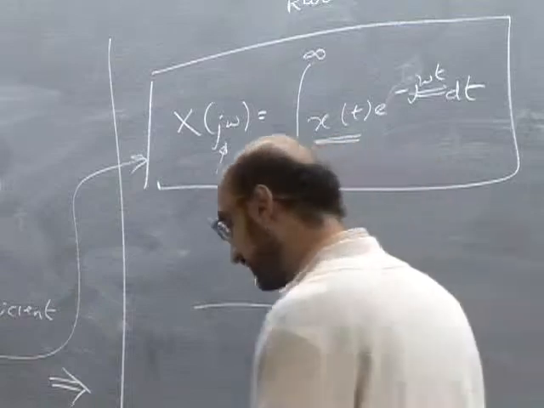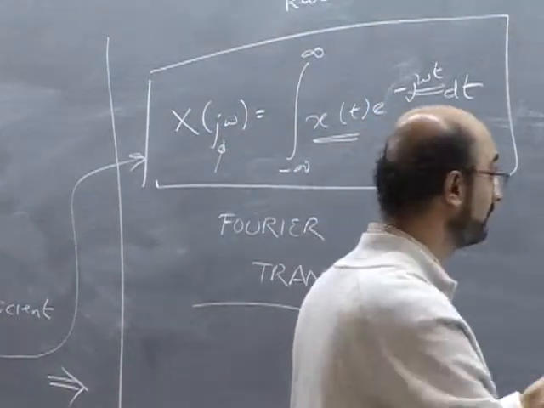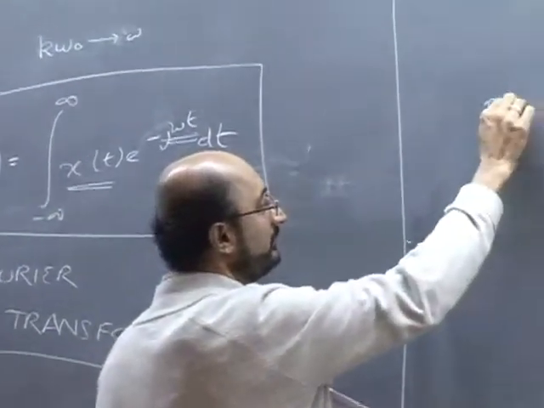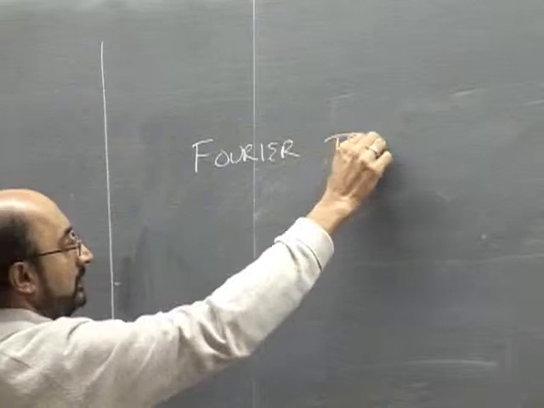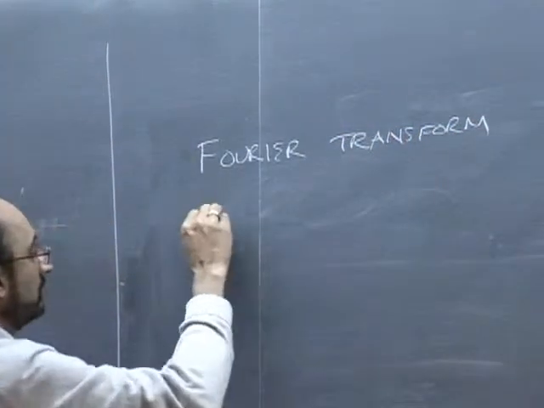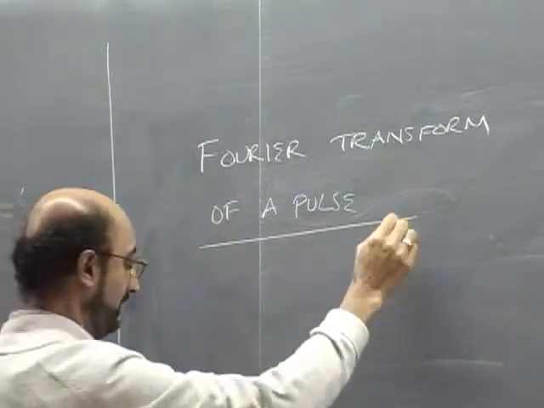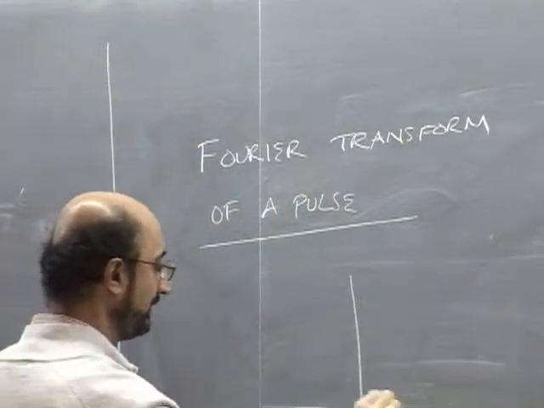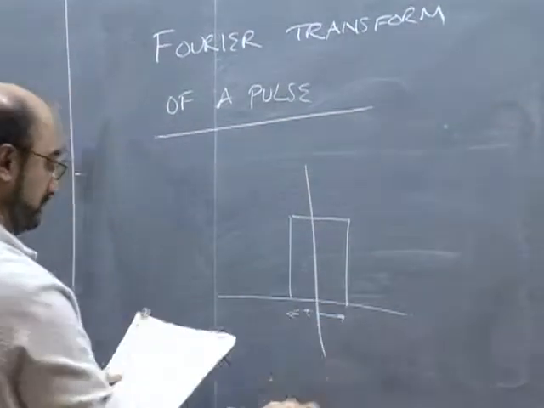Okay, so now let's use this form and just essentially plug and chug, and we'll do some examples. So let's do the Fourier transform of a pulse, because this is the easiest case. We have a pulse, centered at 0, with a width of tau.